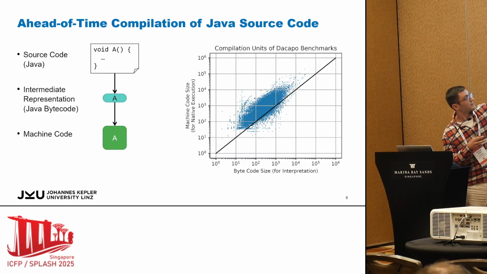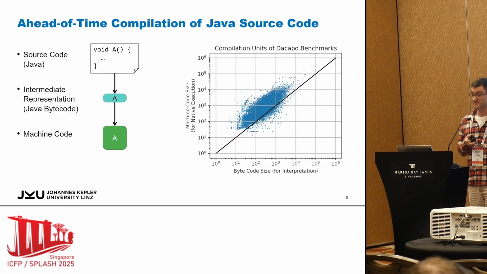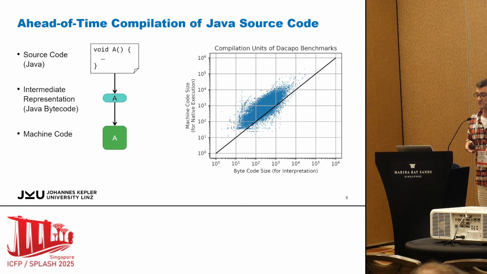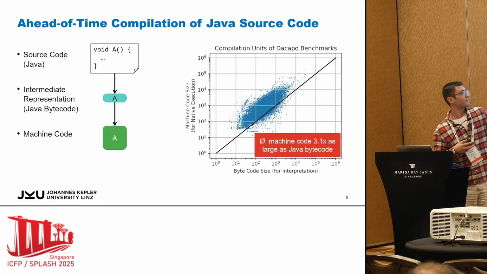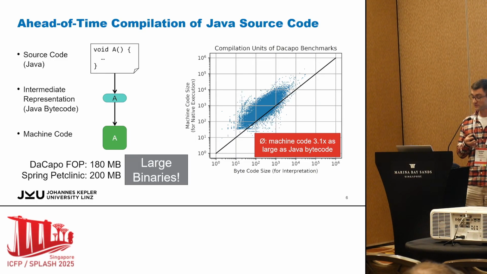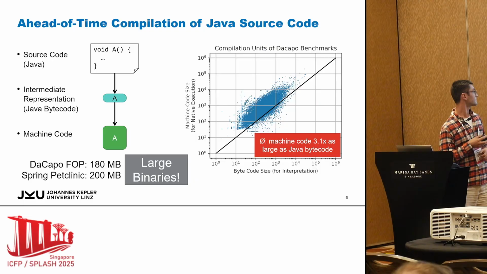All dots on the line mean that the bytecode size and the machine code size are equal, and every dot is a compilation unit of the DaCapo benchmarks. And as you can see, on average, the machine code is larger. On average, it is 3.1x, which means we produce very large binaries if we compile applications.